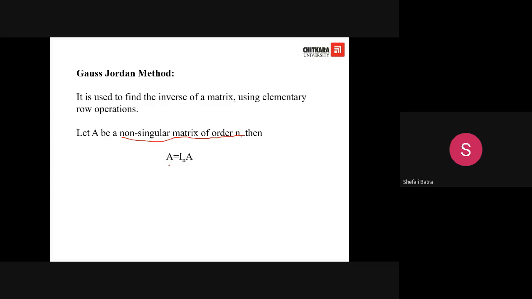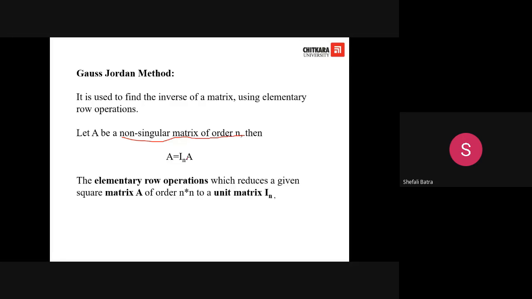Then matrix A can be written as identity matrix into A. Using elementary row operations, we can reduce this given matrix into identity matrix, and corresponding to these row operations, whatever matrix you are getting at the place of this identity matrix will give you the inverse of that matrix.